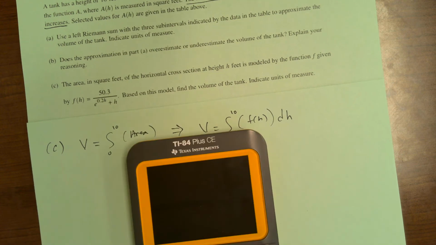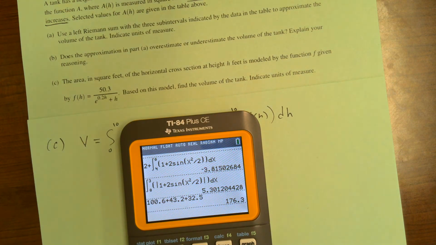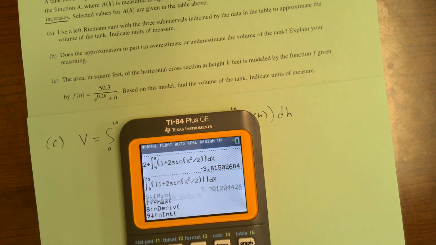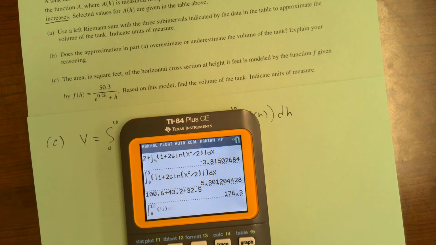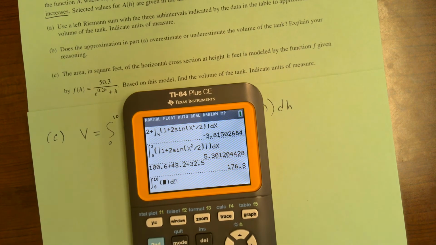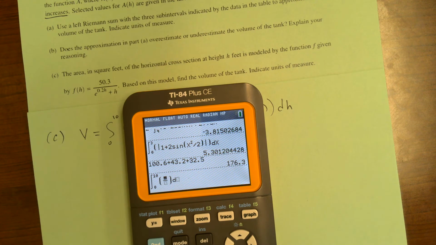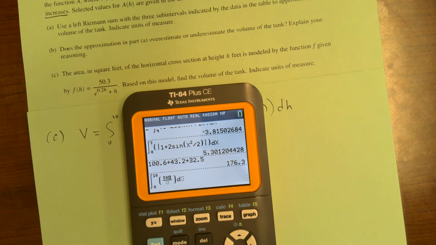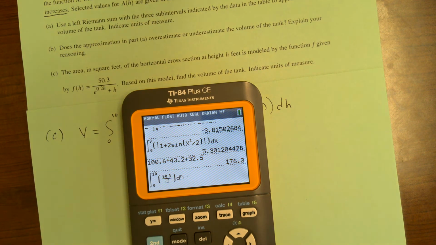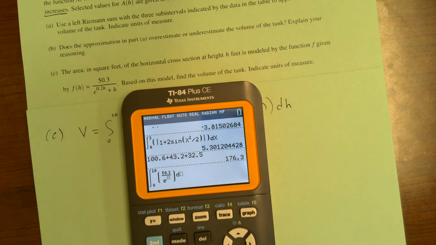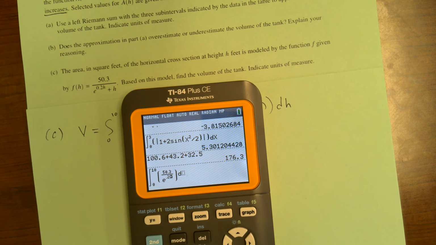Okay, so math 9. 0 to 10. And then in here, 50.3 over e to the 0.2 h.